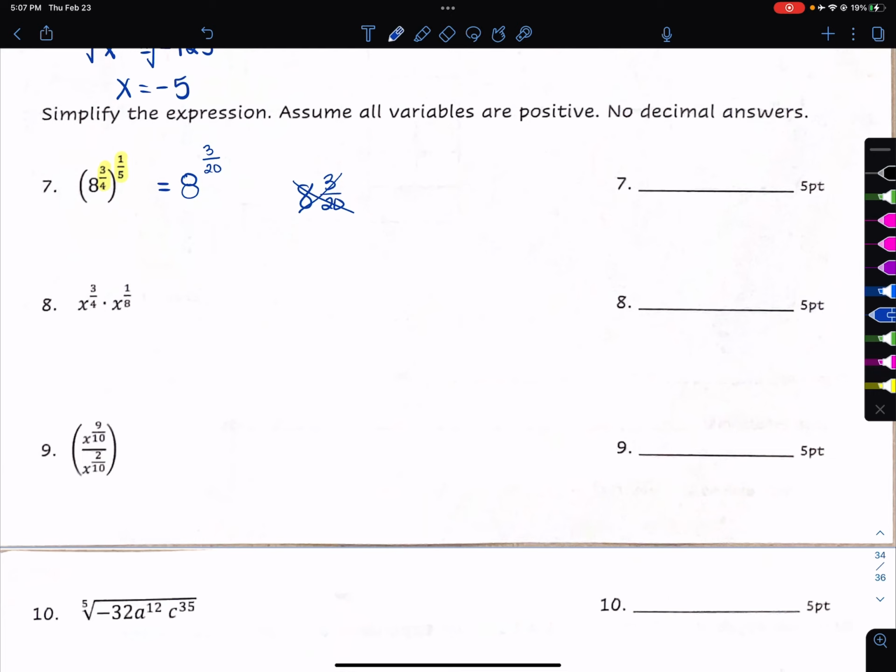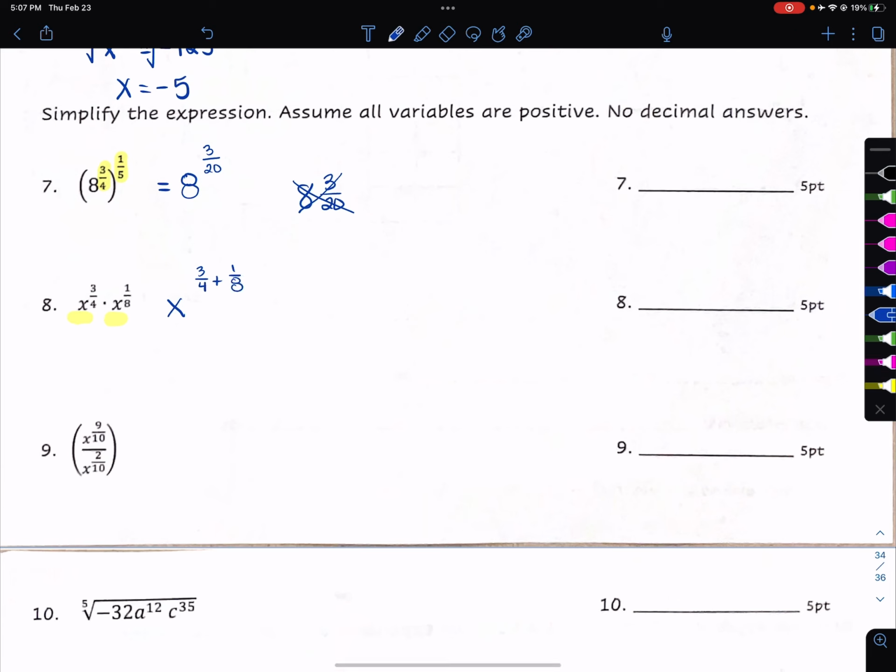Okay, on number 8, now we are multiplying the common base. So this has a base of x, this has a base of x, and I'm multiplying them together. So on this one here, we are going to add the exponents. So I'm going to have x to the 3/4 plus 1/8.